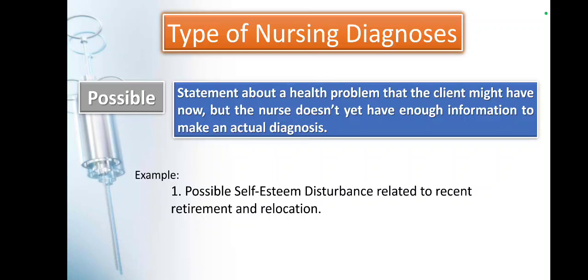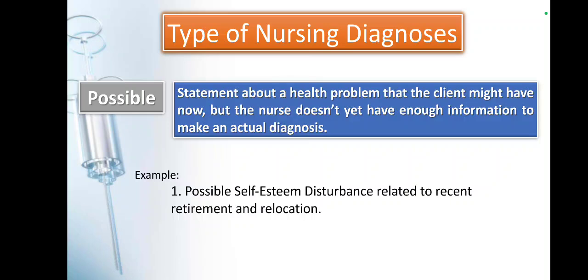You have to be alert in giving assessment to your patient. Now, you don't have the time to really do the thorough head-to-toe assessment. So the only basis of this nursing diagnosis is very few details or information about the patient.